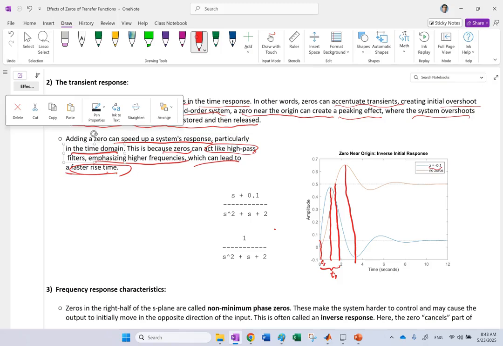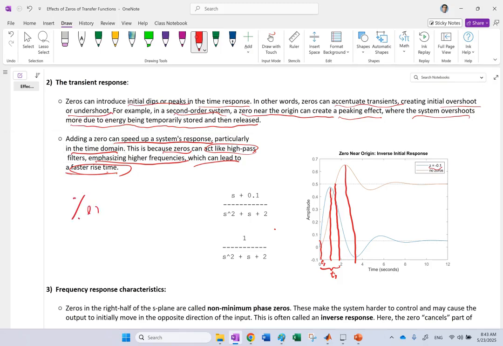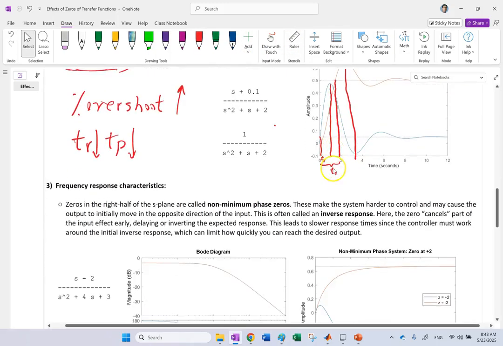So adding a 0 will make the percent overshoot go higher, but makes the rise time and the peak time go down, especially if the 0 is close to the origin. So you can see that over here.